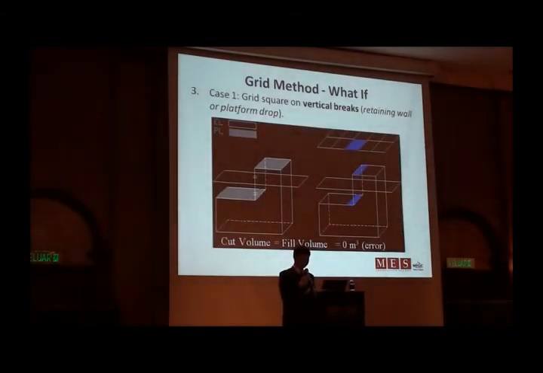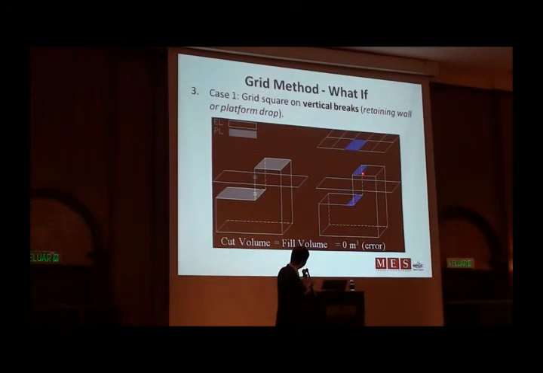Then another problem is, let's say you are using a grid method, and in this grid, halfway there is a sudden drop, maybe for a retaining wall or platform drop. So like this one we have a problem.